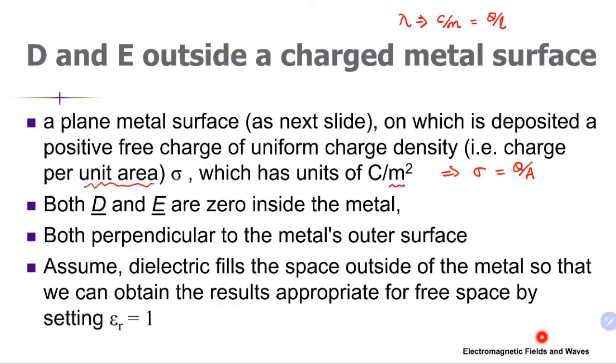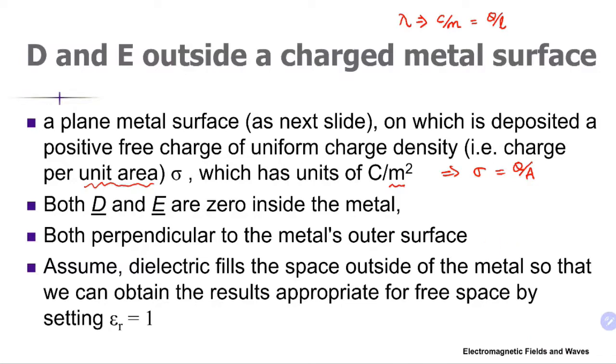Both the electric flux density and the electric field are zero inside the metal, and both are perpendicular to the metal outer surface. Assume the dielectric field dissipates outside the metal so that we can obtain the results appropriate for free space by setting epsilon r equal to 1.